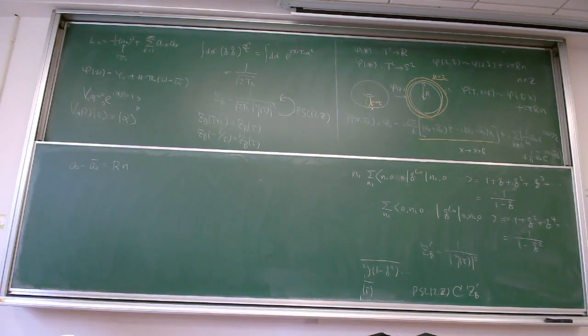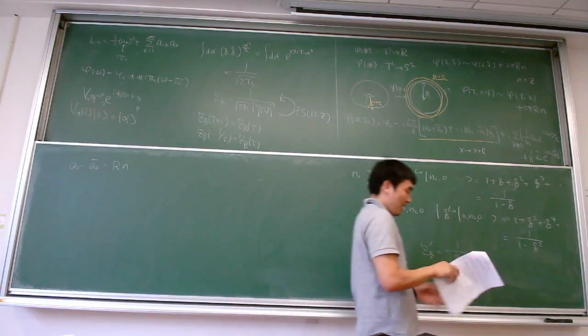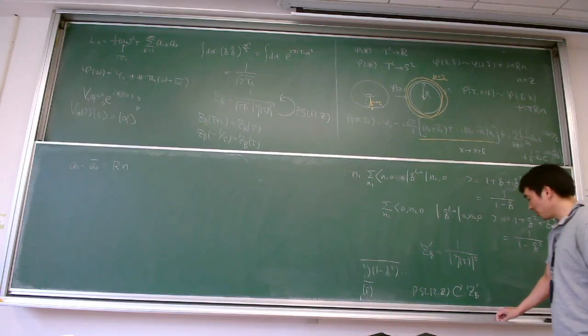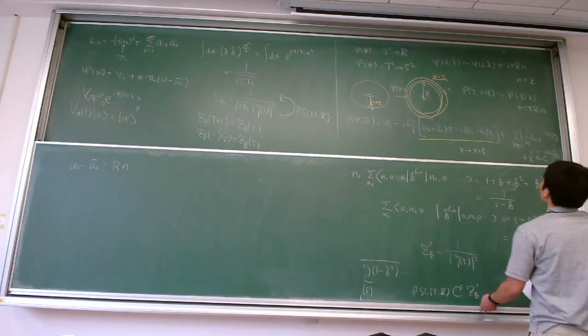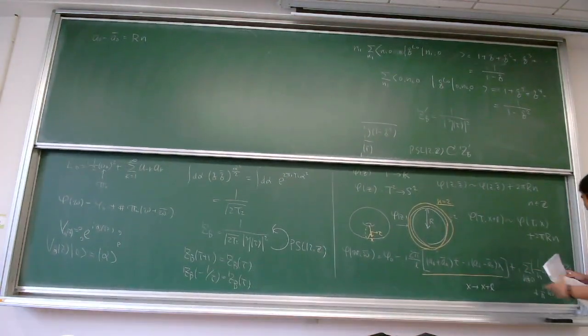In the lecture notes I use W, but maybe I should use capital W for the winding number, because W is used for coordinates.